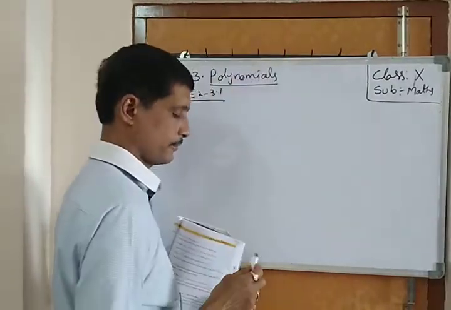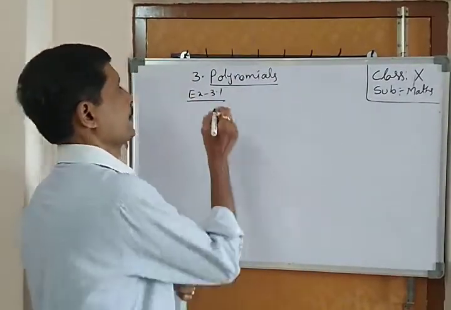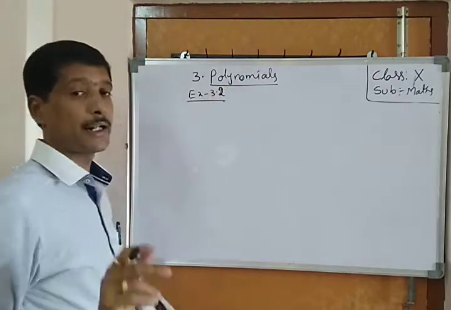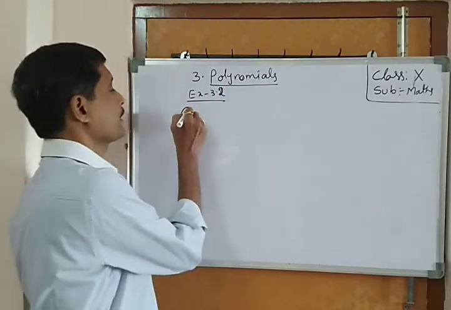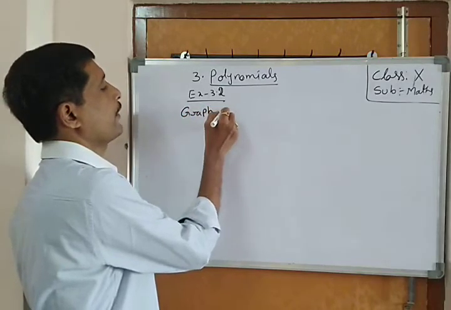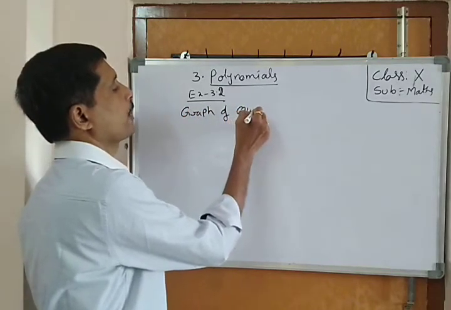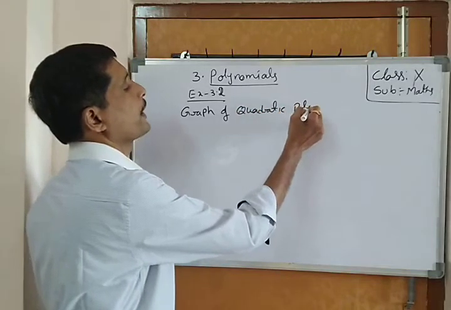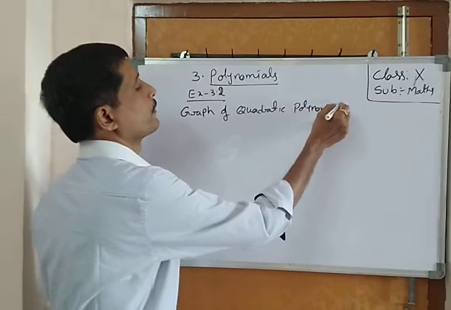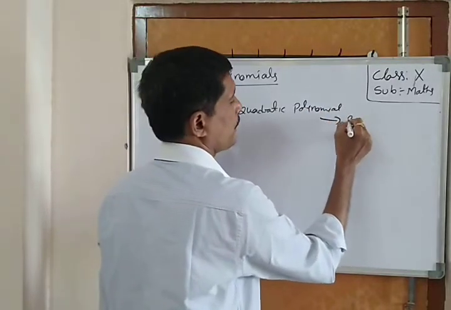That is a graph. Here graph of any linear equation, that is a straight line. Graph of quadratic polynomial, that is a parabola.